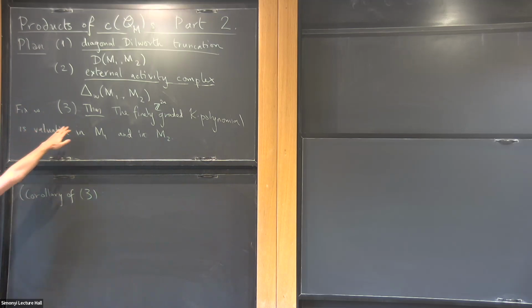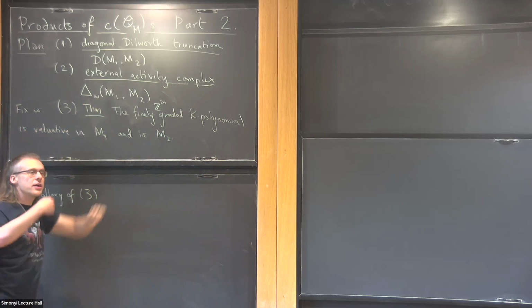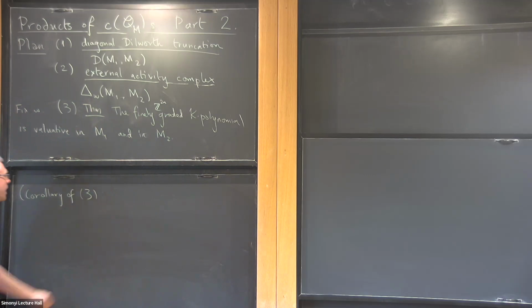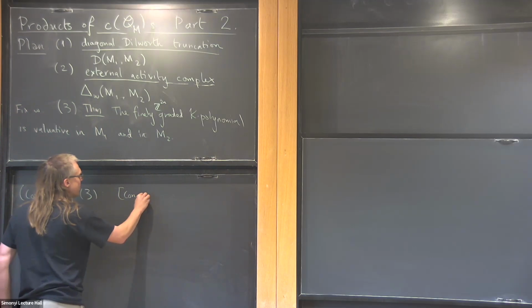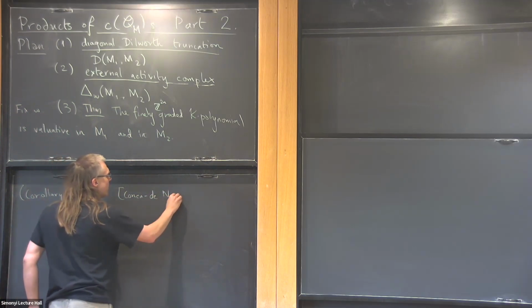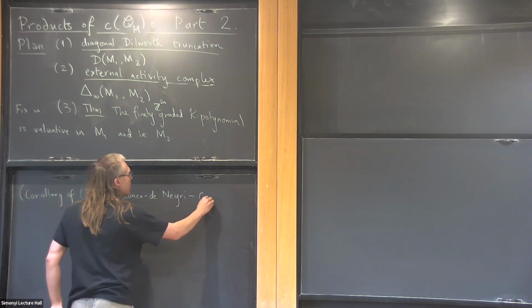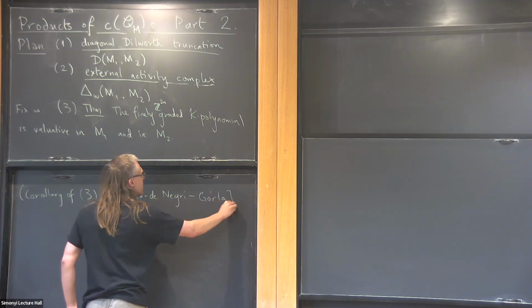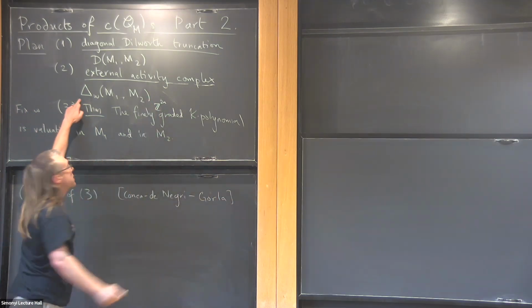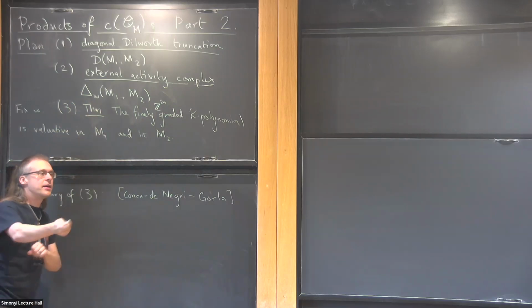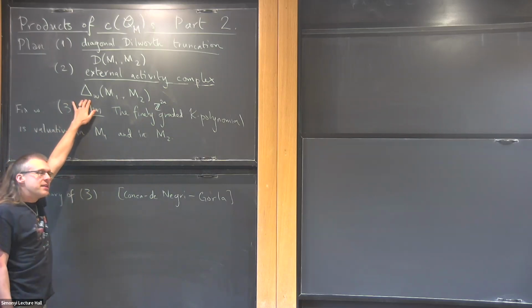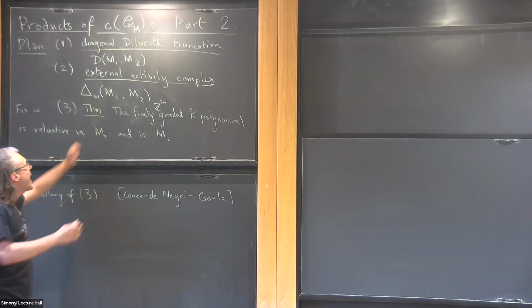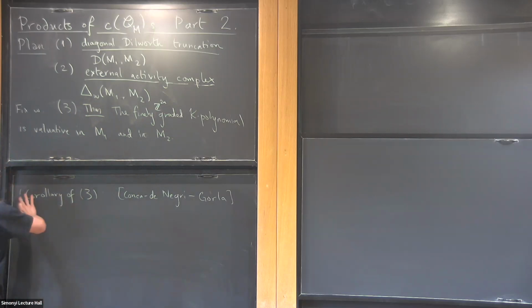Last time, once I did this initial degeneration, I had to use this Conca de Negri-Gorla machinery to connect this ideal to the ideal of a single matroid Schubert variety and use this relation to a single matroid Schubert variety to conclude what I want to do about this ideal. And that's the step that you extend by valuation.